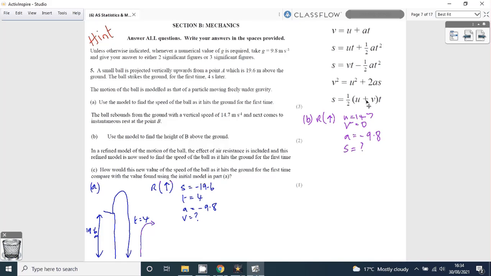So what do we know here? We know that our initial speed was 14.7. We know that the velocity is 0. We're fighting against gravity, a is minus 9.8, and we're trying to work out the displacement. So choose the appropriate Suvat equation to find s when you know u, v, and a.